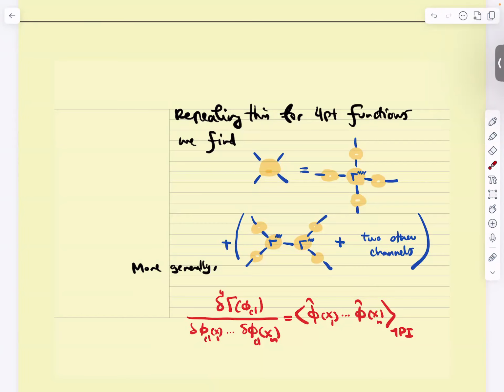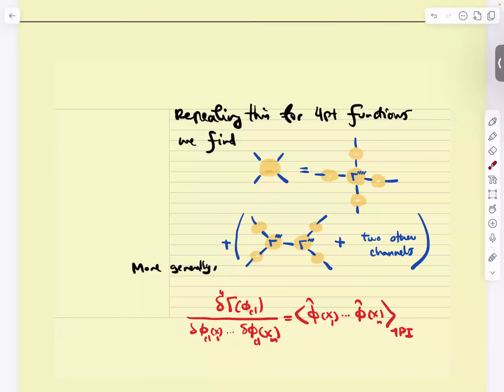But notice that if I calculate this function before setting j equals 0, that function knows about all the correlators. It's a functional of the source. If you take W of j and take similar derivatives, what do you obtain?